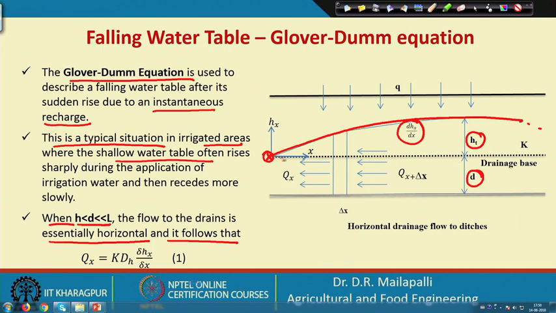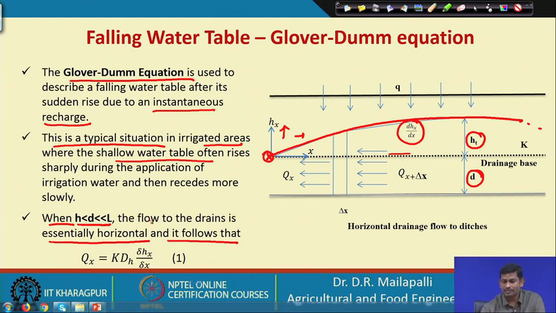Here x is going in this direction and h vertically upwards. We are going to see how the change in Q influences h. Since h is very small compared to the drain spacing, mostly the horizontal flow is influencing.